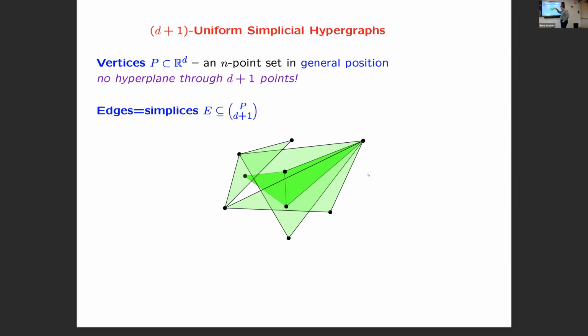So we have a set of n points, which can be assumed to be in general position, so no hyperplane passes through any D+1 of the points, and we are looking at a hypergraph whose edges are D+1 tuples of vertices, which are basically simplices. Any D+1 vertices describe a simplex in this space.